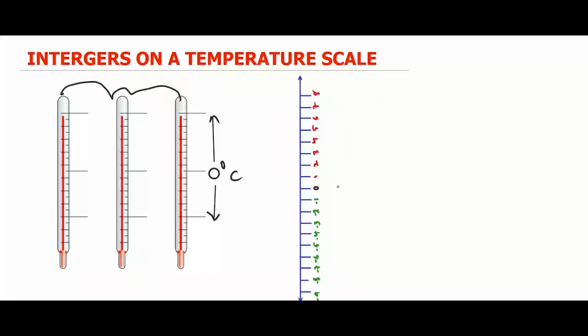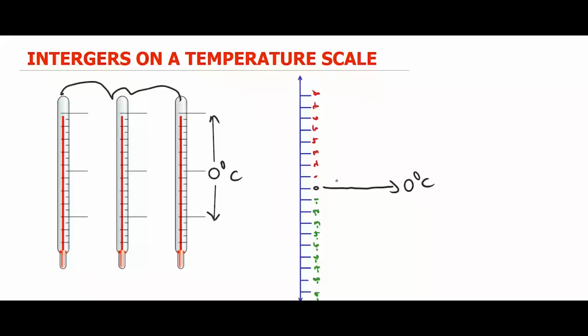Now see here, I will use the number line to explain what happens as you move above 0 degrees Celsius and below 0 degrees Celsius. From here, this is where you have 0 degrees Celsius.